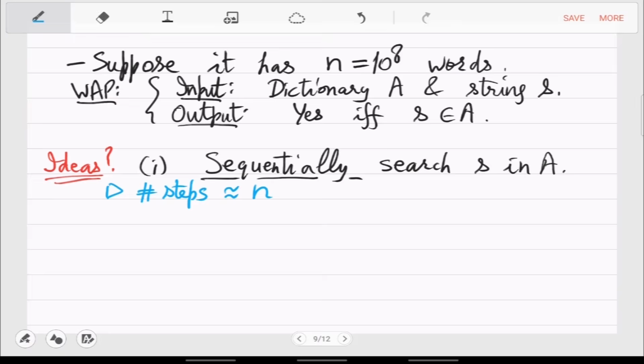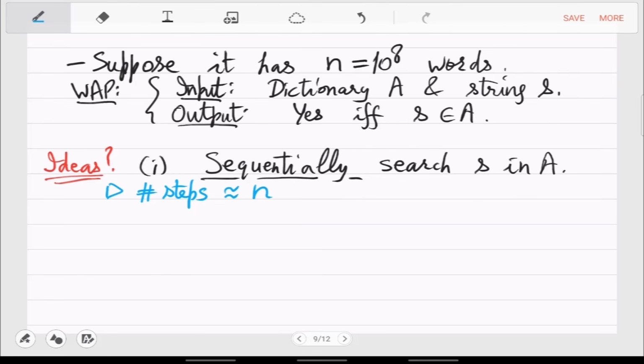Here, when we make a claim about the number of steps or the time complexity, you have to look at the worst case, right? It is possible that in some input S is on the first page, or it is the first string, so then of course you will find it in one step. But there are many cases where this word may be in the middle of the dictionary or at the end. So then you have to go either to n by 2 or to n, right?